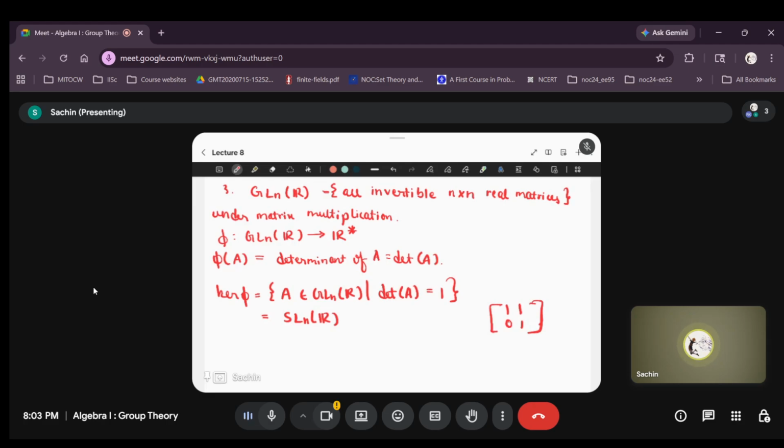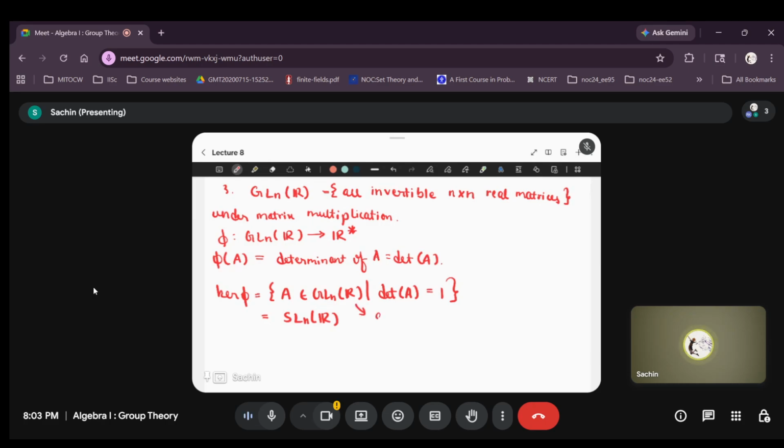So it doesn't have any structure, it's just a set of matrices with determinant 1. But it was also a group. It was called the special linear group. So this was a subgroup of the general linear group.